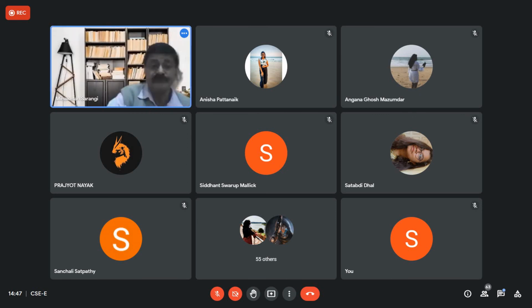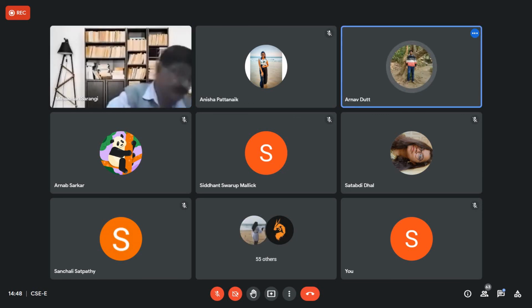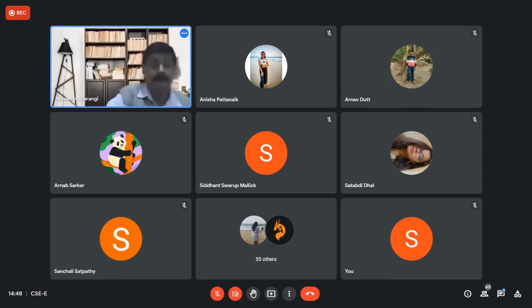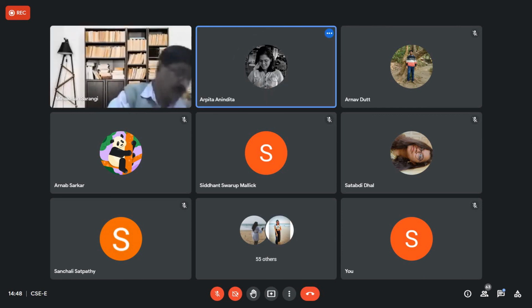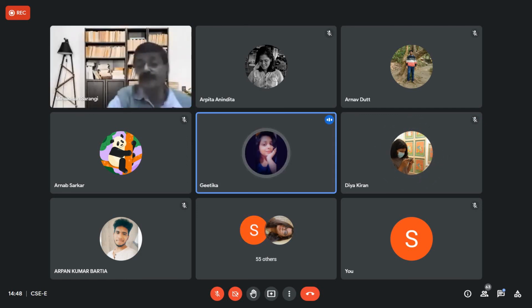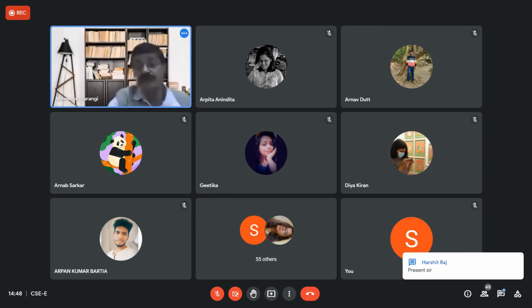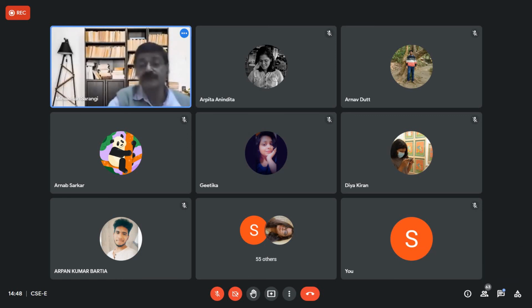Shatabdi Dhara, Present, sir. Siddhan Swarup Malik, Present, sir. Arnab Sarkar, Present, sir. Arnab Datta, Present, sir. Arpita Nandita, Present, sir. Arpan Kumar Bhartia, Present, sir. Diya Kiran, Present, sir. Gitika, Present, sir. Harshit Raj, okay, Harshit Raj present, Manas Ranjan Biswal, Kamlesh Sathwa, Present, sir.